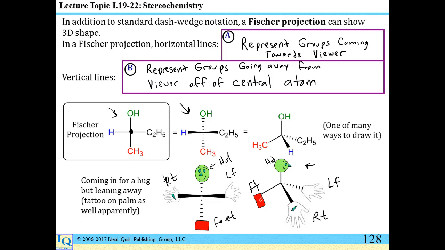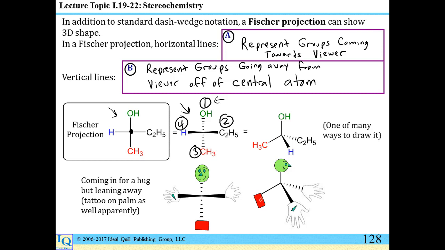And if I look at the Fischer projection and compare that to the wedge and hash line structure, I can correlate the priorities of the actual chemical pieces with the positions where priority 1, 3, 2, and 4 are in the Fischer projection: 1, 4, 2, 3.